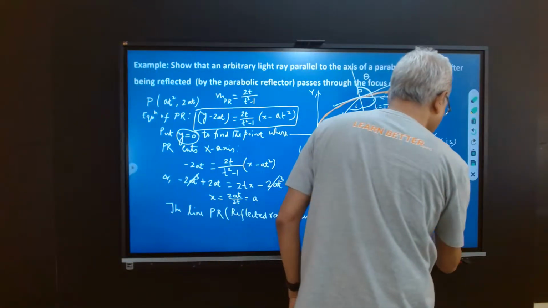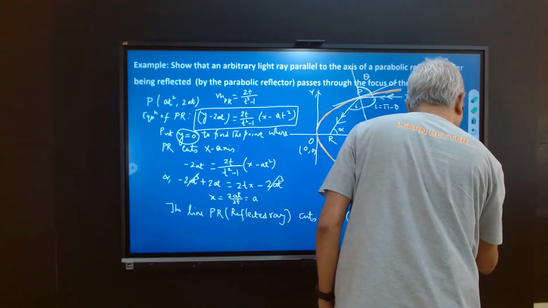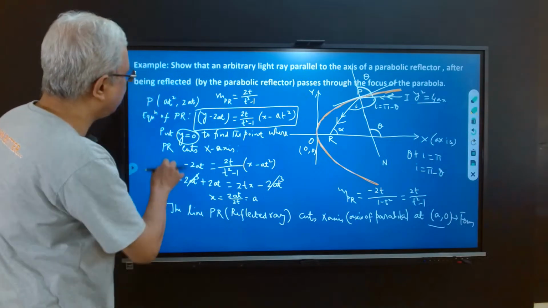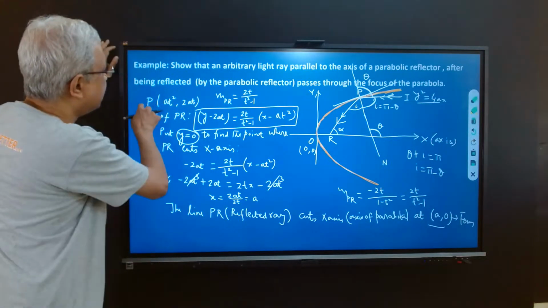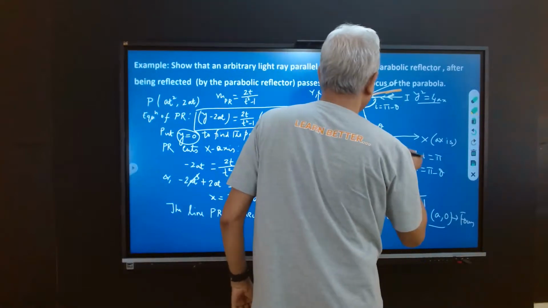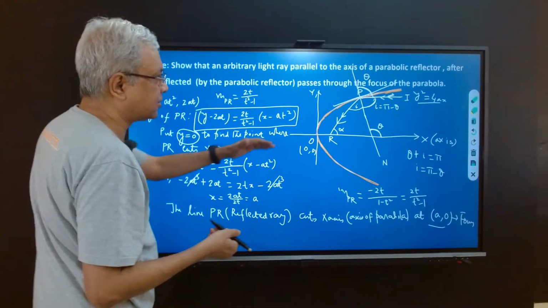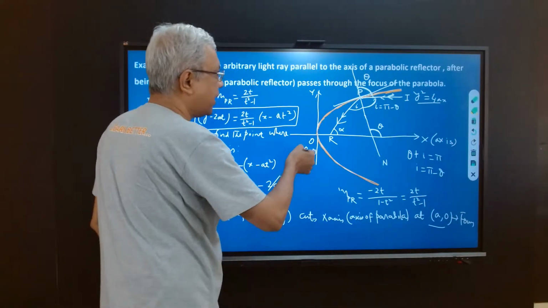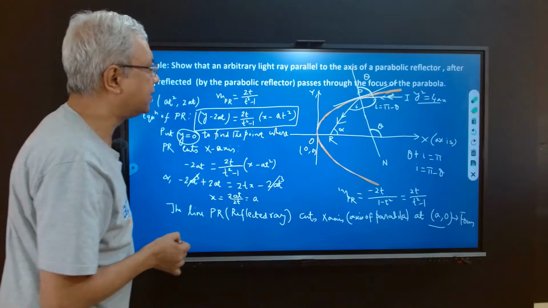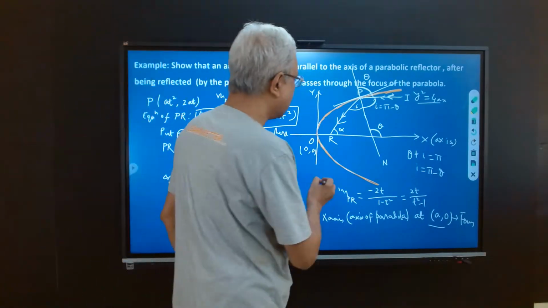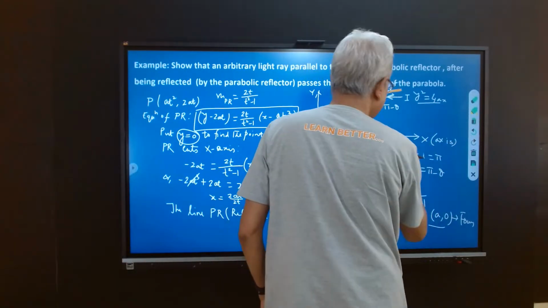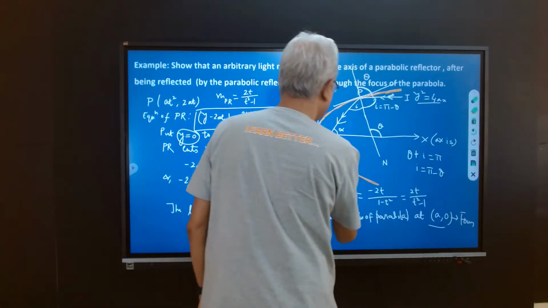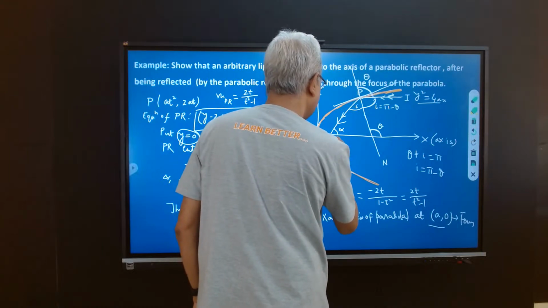So (a, 0) is nothing but the focus. So irrespective of the value of t, because for different values of t I get different points P of the parabola, if I take parallel rays striking these points, then after reflection at P the reflected rays pass through the focus. So the reflected ray always passes through the focus, which is nothing but (a, 0).